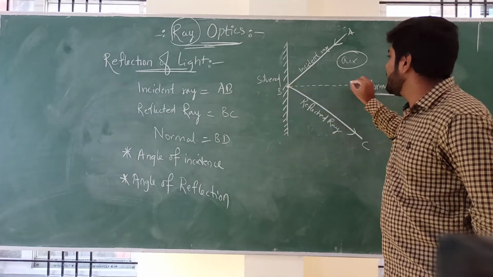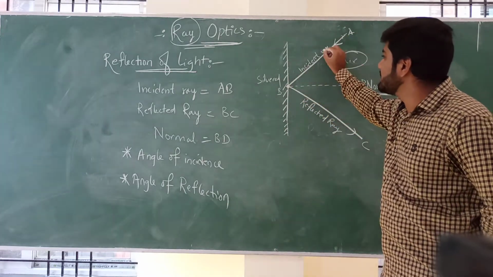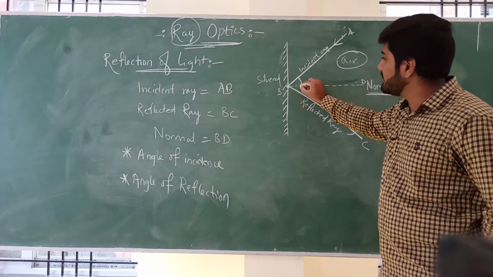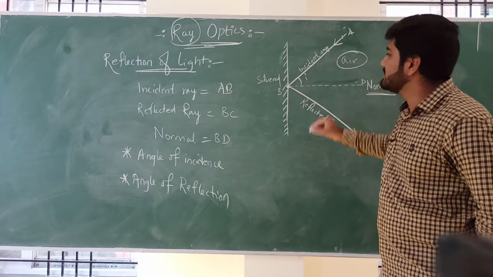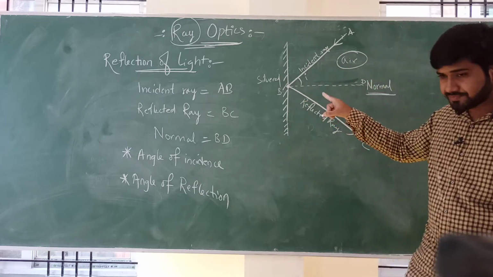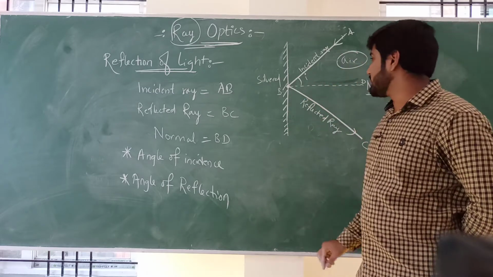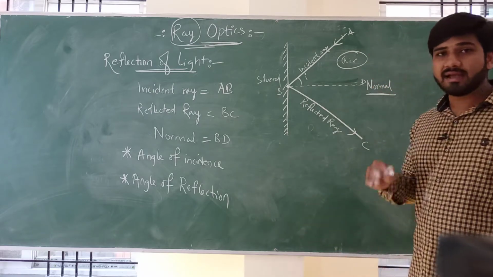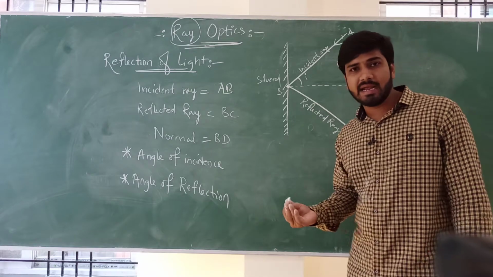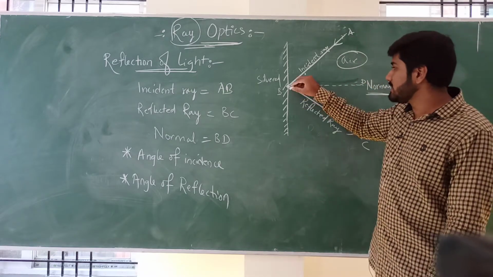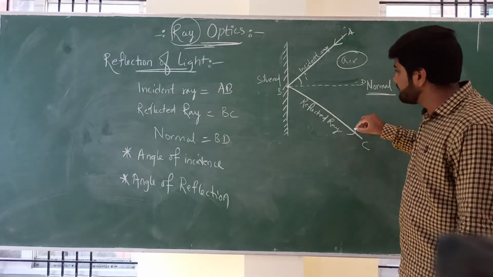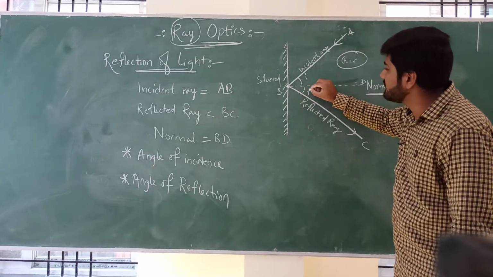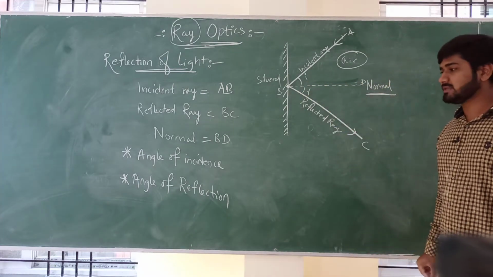So the angle made by incident ray and the normal is nothing but the angle of incidence. It is written as small i. Now angle of reflection is nothing but the angle made by reflected ray and the normal. So this is reflected ray, this is normal, so therefore this is the angle of reflection, which is denoted as small r.